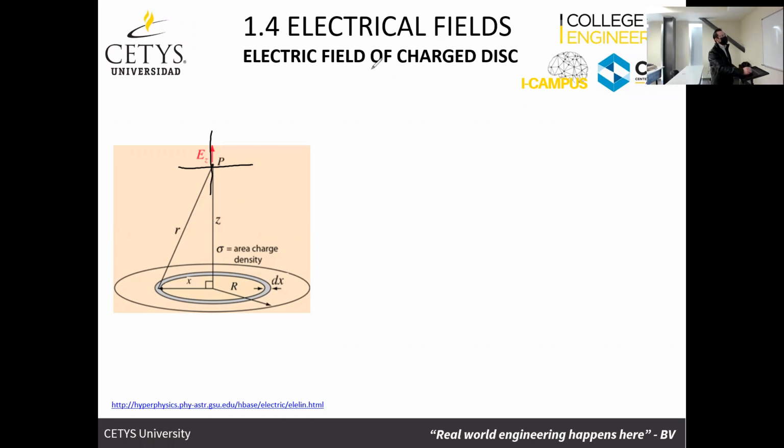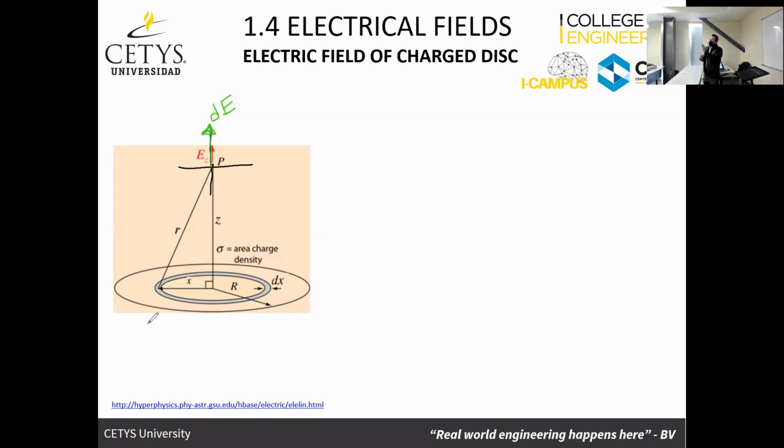So we are going to have an electrical field that we know is going this way, because we already analyzed the electrical field of a ring. In the previous example, we already know the expression for the electrical field of a ring.